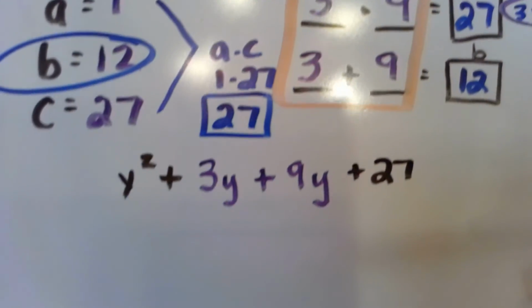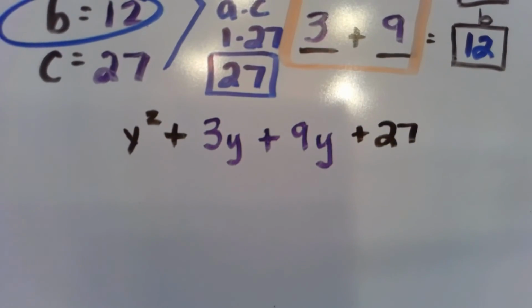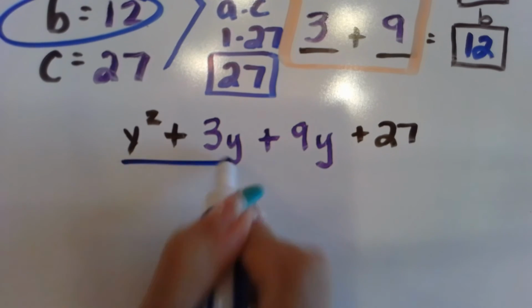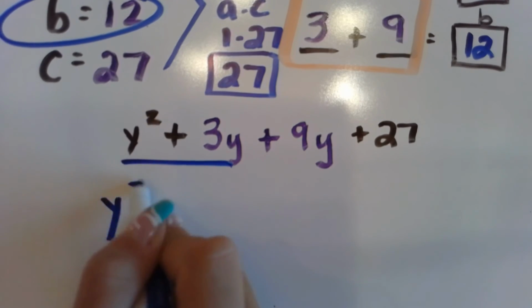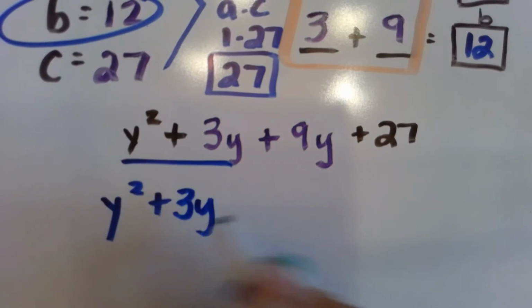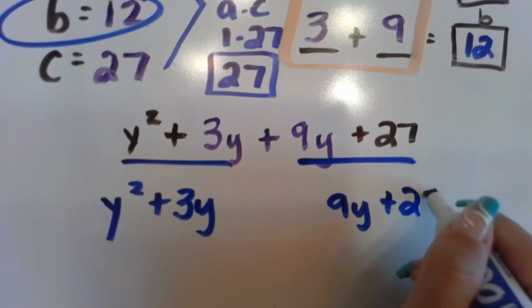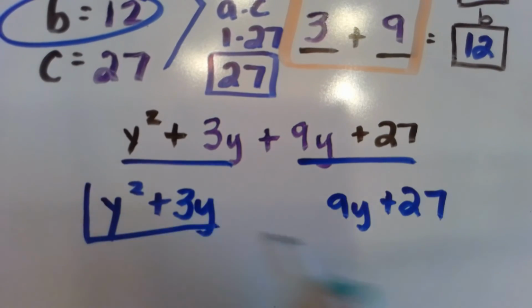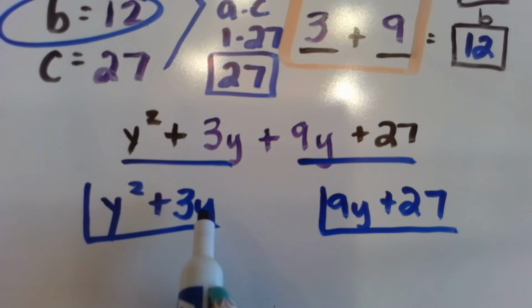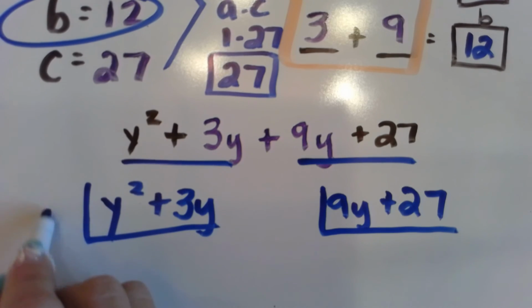Then we're going to get into factoring by grouping, which we've already done before. I'm going to take this piece here and write y squared plus 3y, and then this piece right here, 9y plus 27. I'm going to draw in my ladders and we're going to start factoring. What do these two have in common? They both have a y.